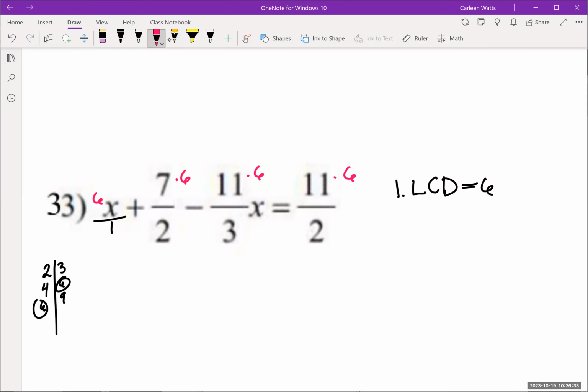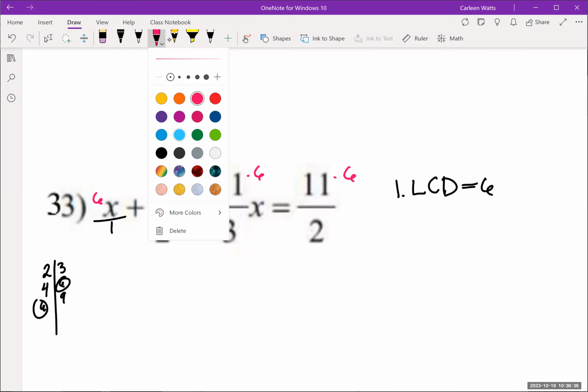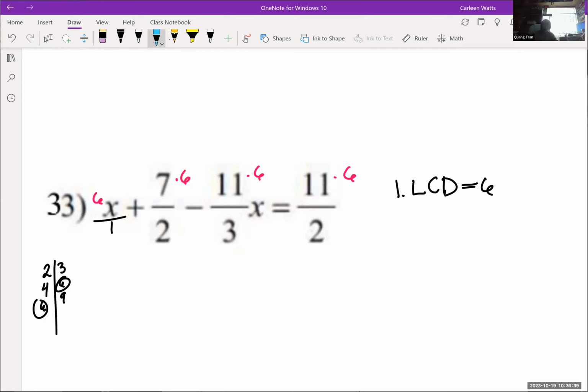Okay, what's the next step? Divide. Okay. So what's going to cancel here? 6 and 2. 6 on top, 2 on the bottom. So 6 divided by 2 leaves... All right. So it's divided by 2 is 1, divided by 2 is 3.